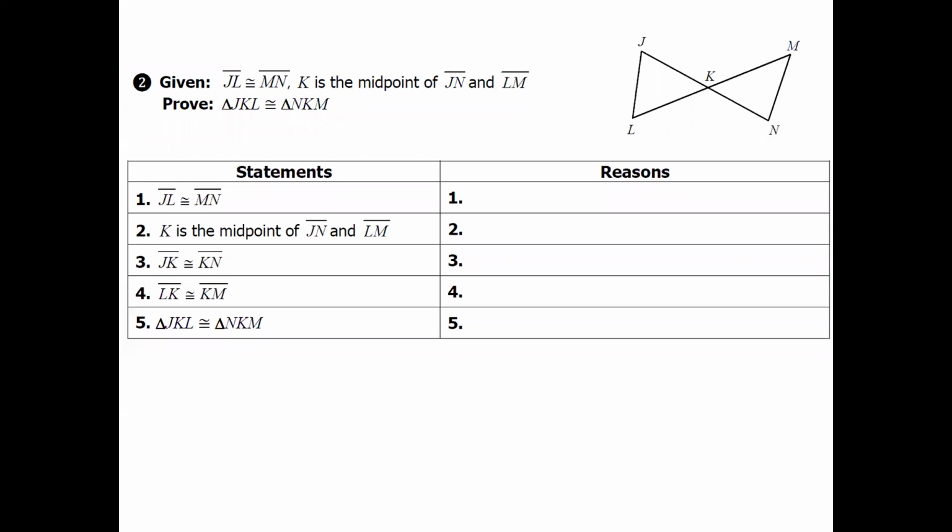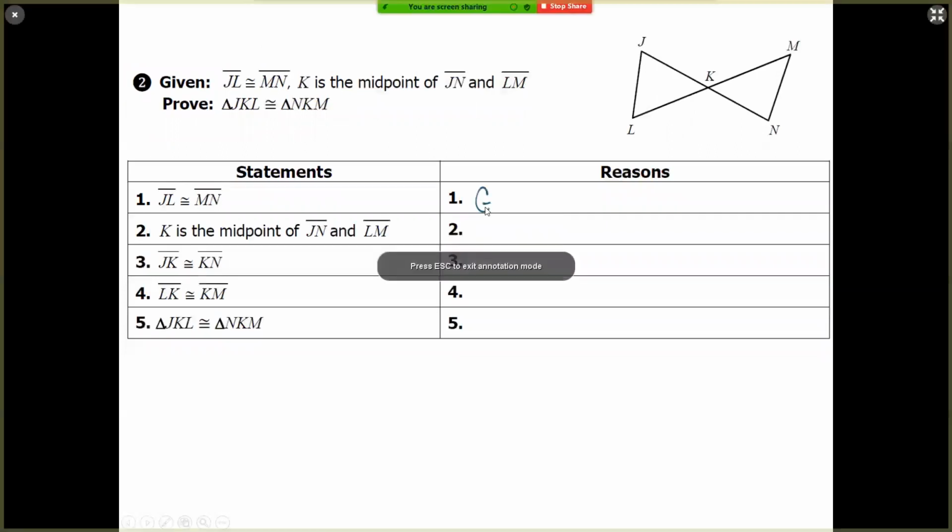Our next proof, again, we're starting off with the given information. So first thing we were given is that JL is congruent to MN. So I'm going to mark that in my diagram. Then we were told that K is the midpoint of JN and LM. That's given. Since K is the midpoint, I know that this line segment is broken up into 2 equal pieces.